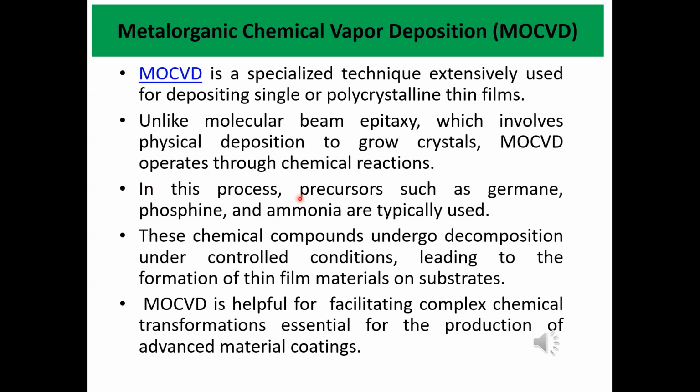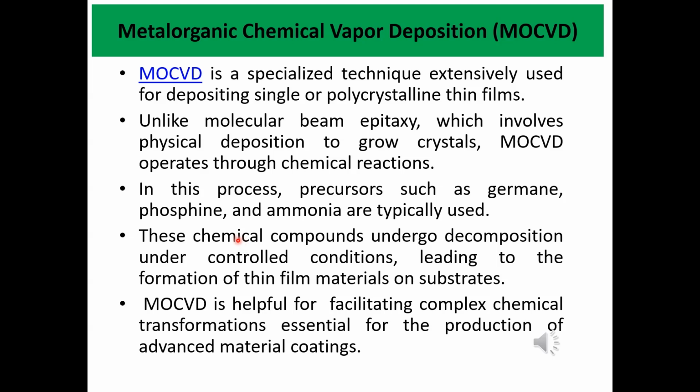In this process, precursors such as germane, phosphine, and ammonia are typically used. These chemical compounds undergo decomposition under controlled conditions, leading to the formation of thin film materials on substrates.